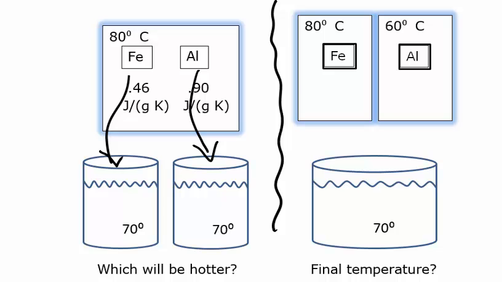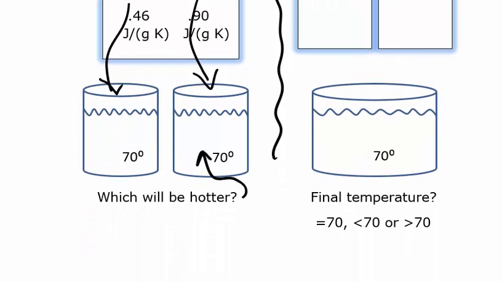All right, and it's because of this specific heat that we know that the aluminum one will be hotter. Okay, so this one will be hotter because it has a higher number, meaning it can store more heat in it. So we can say that aluminum will be hotter because it has a higher specific heat.